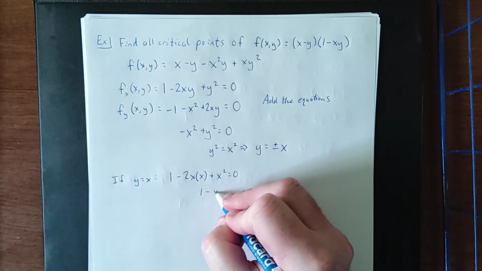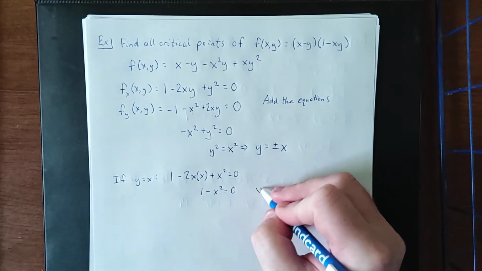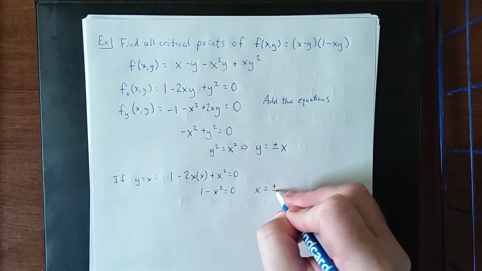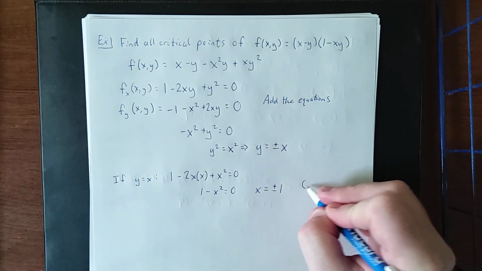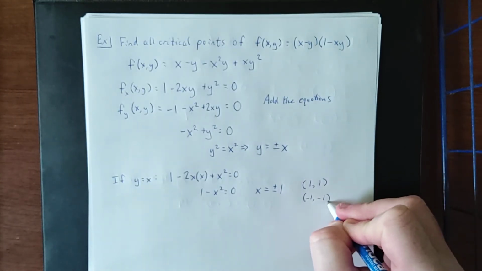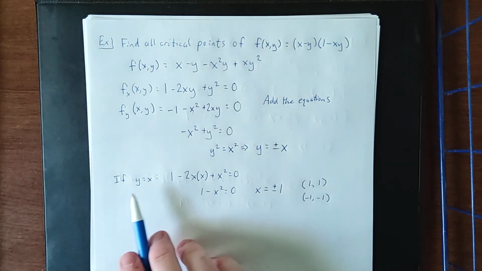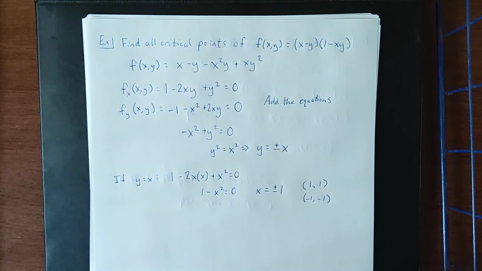So that's 1 minus x squared, once we combine the like terms, is equal to 0. Therefore, x is going to be equal to plus or minus 1. That tells me that we're going to see critical points at 1, 1 and negative 1, negative 1 due to the fact that we got this by plugging in y equals x.